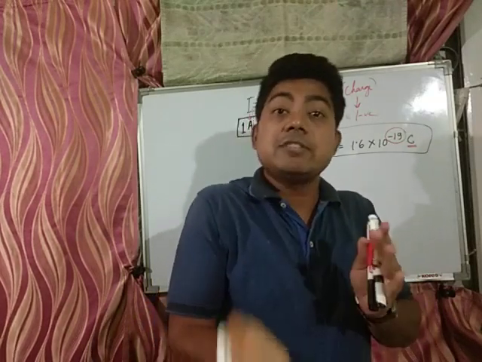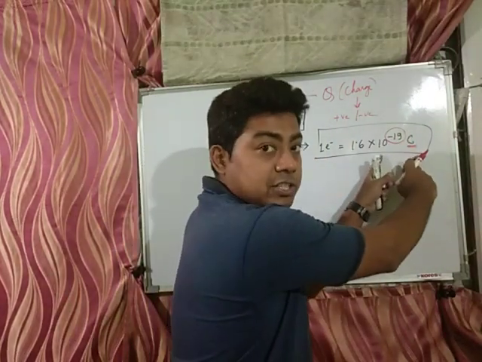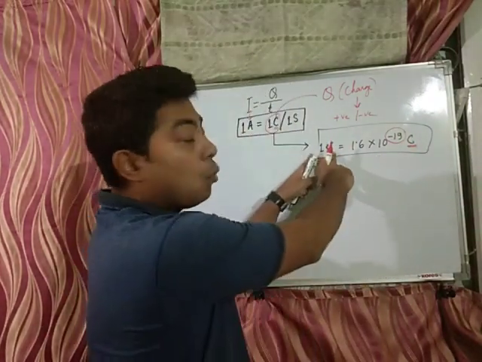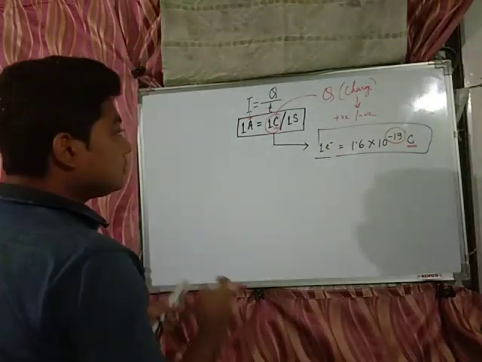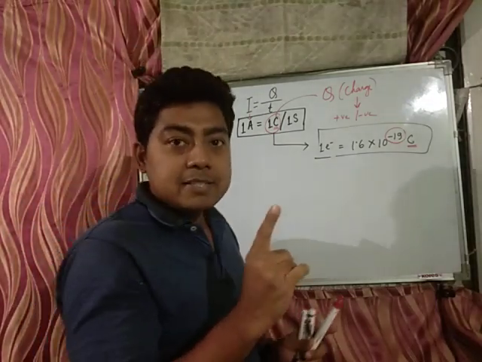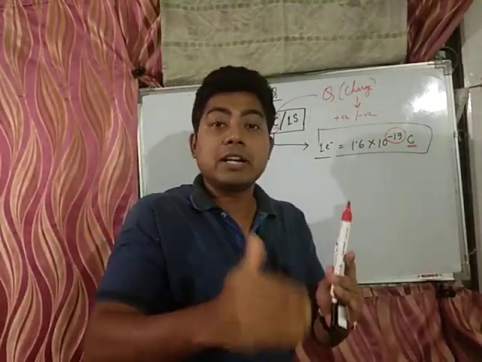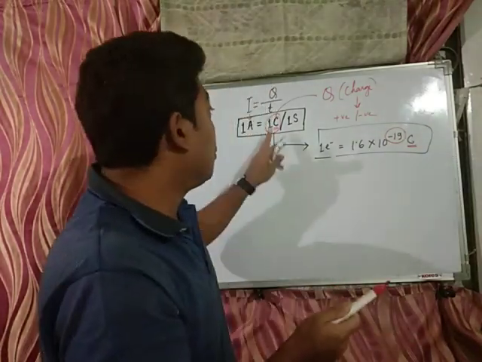That means the value is very small. That is the charge given by 1 electron. Now here I am writing 1 coulomb. How many electrons are required to produce 1 coulomb?